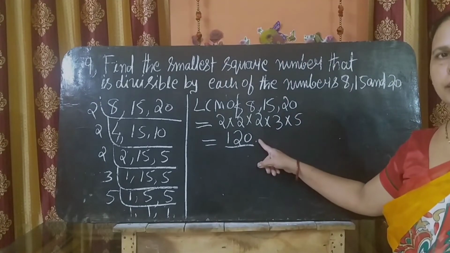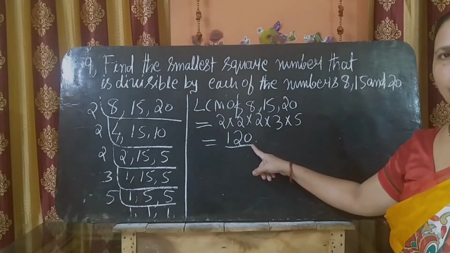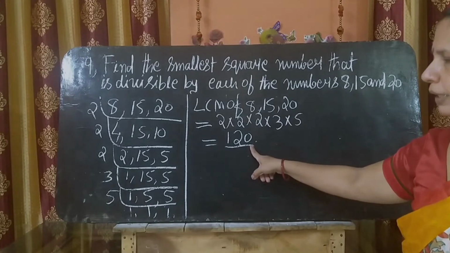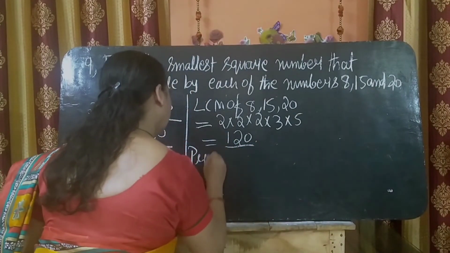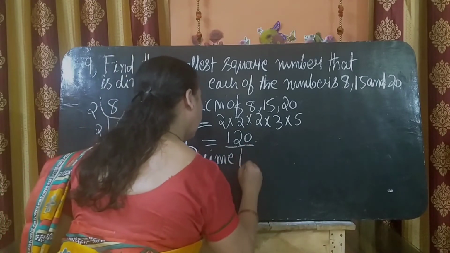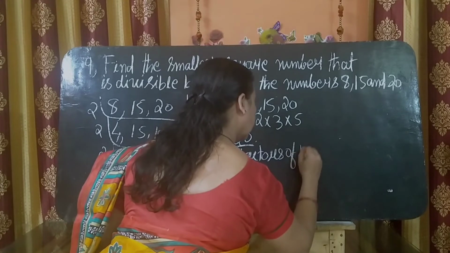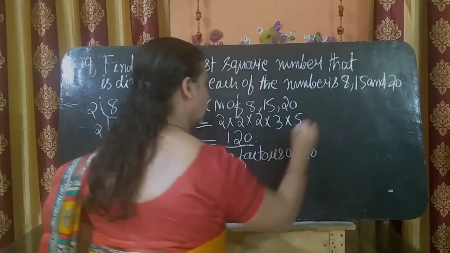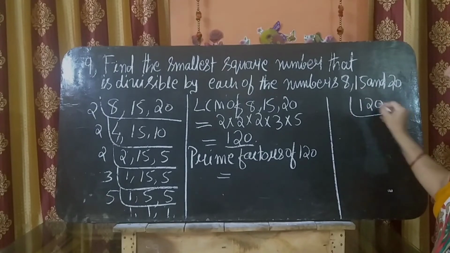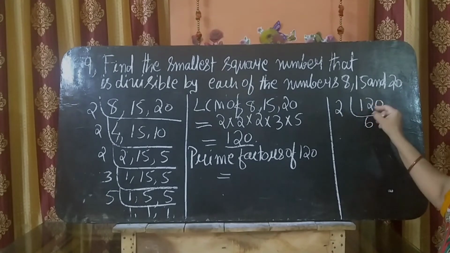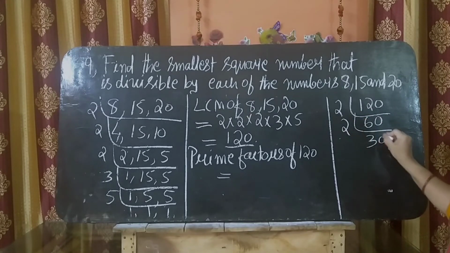What is the next part? Next, we have to take the prime factors of this LCM. Prime factors of 120. Factor 2, 6 2s are 12, 0 take down. 2 factor, 3 2s are 6, 0.